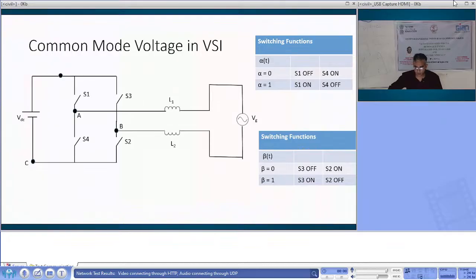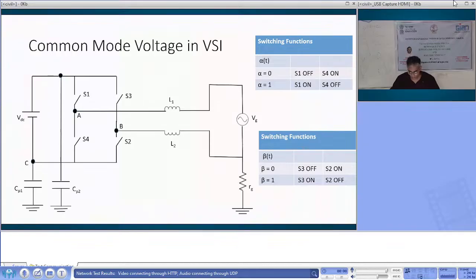Alpha and beta are used as switching functions. For leg 1, alpha is 0 means S1 is off and S4 is on; if alpha is 1, S1 is on and S4 is off. The beta function is used for the second leg: beta is 0 means S3 is off and S2 is on; beta is 1 means S3 is on and S2 is off.